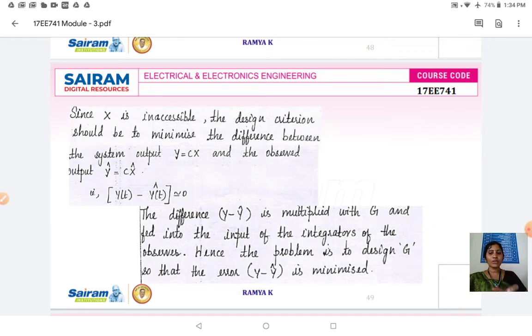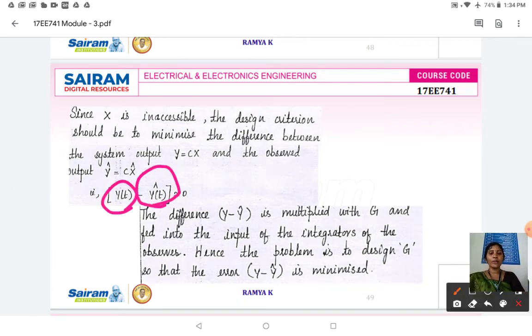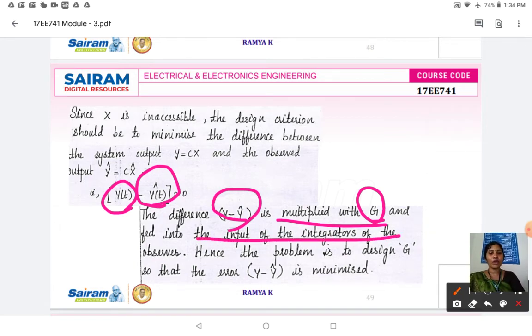For that reason only, the estimated output value is compared with your original output value in order to reduce your error. So the difference y minus y-hat is multiplied with G. G is nothing but your state observer gain, and this particular value is fed to the input of the integrator of an observer.